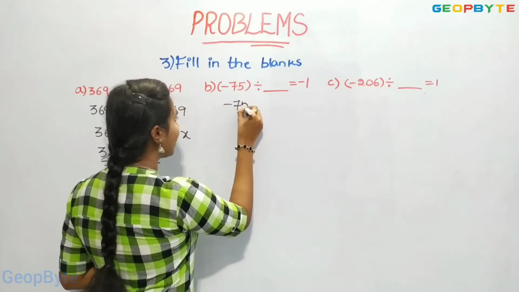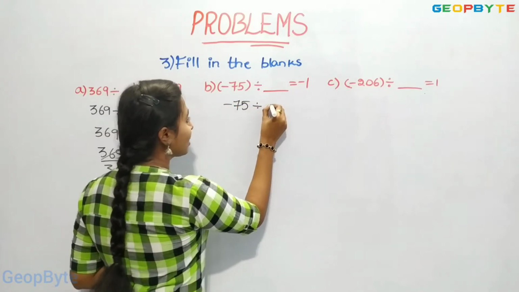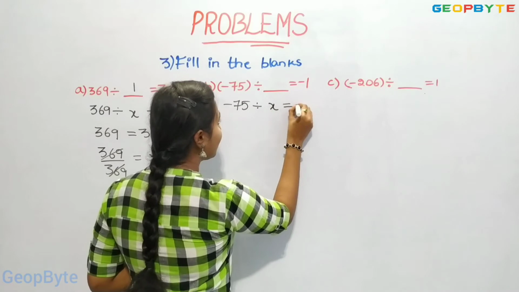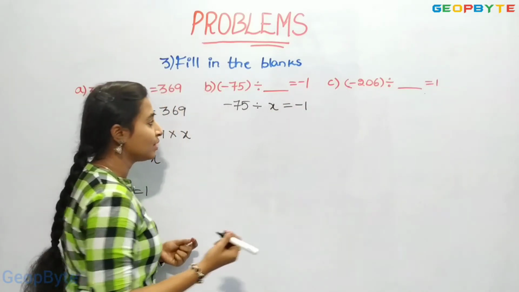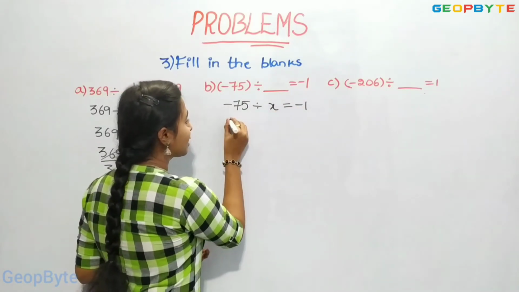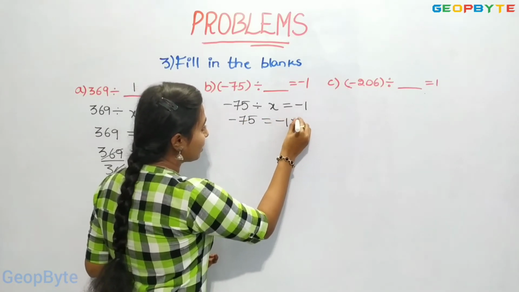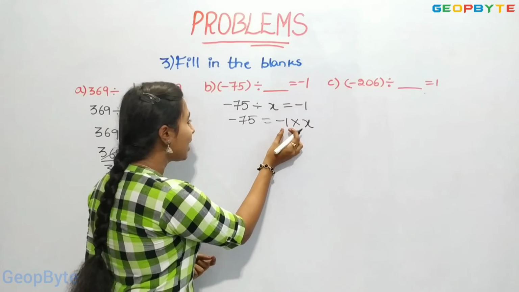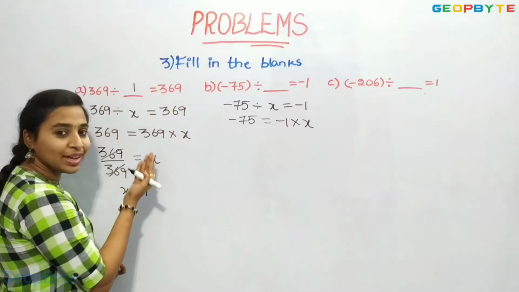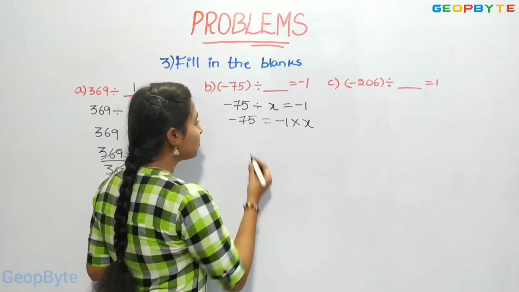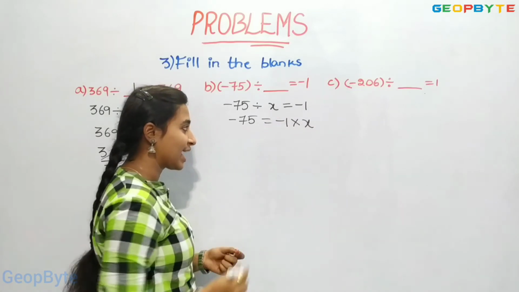Minus 75 divided by x is equal to minus 1. Now, this x, when it goes to the right hand side, becomes a product with the number minus 1, similar to the previous question. Now, we have to find x.